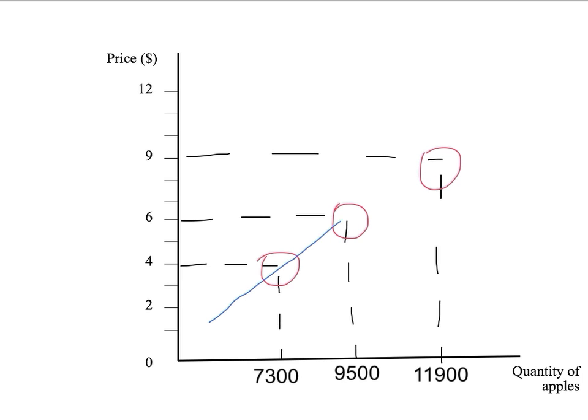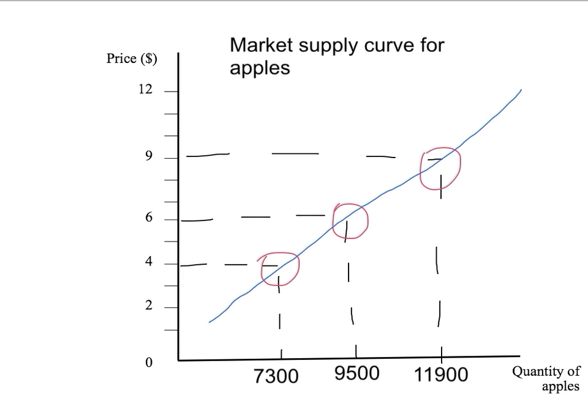If we do so, we would get an upward sloping curve that shows, given the price, how many apples in total suppliers would like to sell. So our blue upward sloping line is our market supply curve for apples. At any price, it tells us, given the price, how many apples in total suppliers would like to sell.